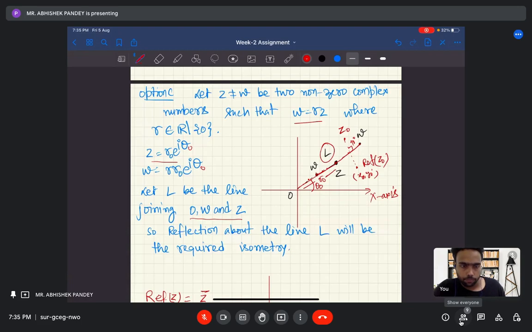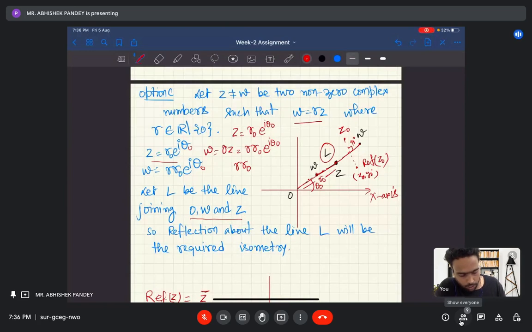Please explain this, sir. Okay. z is basically r naught e to the power i theta naught. Now if you do rz, it will be r r naught e to the power i theta naught. So the argument is the same. The argument of w and the argument of z are the same, theta naught.